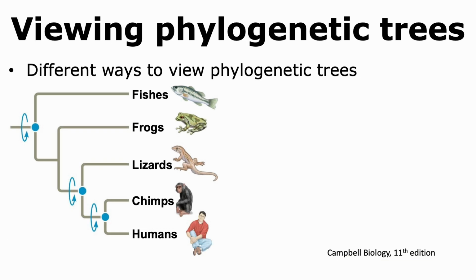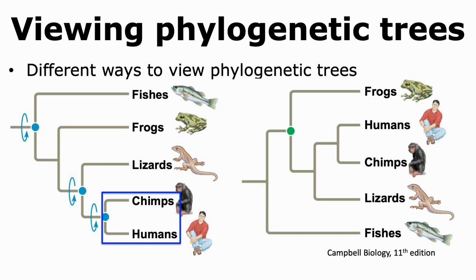The branches of phylogenetic trees can also be rotated, and when this happens, it still shows the same evolutionary relationships. For example, if we go ahead and rotate the position of the chimps and humans, then we can end up with a phylogenetic tree where we can see that the humans are shown first and then the chimps later.